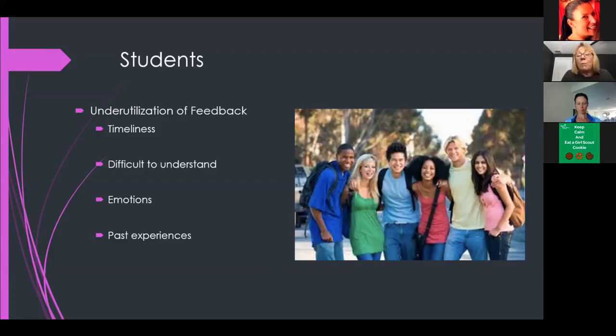When we were talking about the 20-year-olds that came from high school, and maybe they were really good students, it was interesting in a couple of the qualitative studies that students said, all I've ever got for feedback, whether it was a B+ or an A- or an A, was, oh, good paper, good job. And that was it. So once they start getting feedback, they really didn't know what to do with it and how to decipher it.